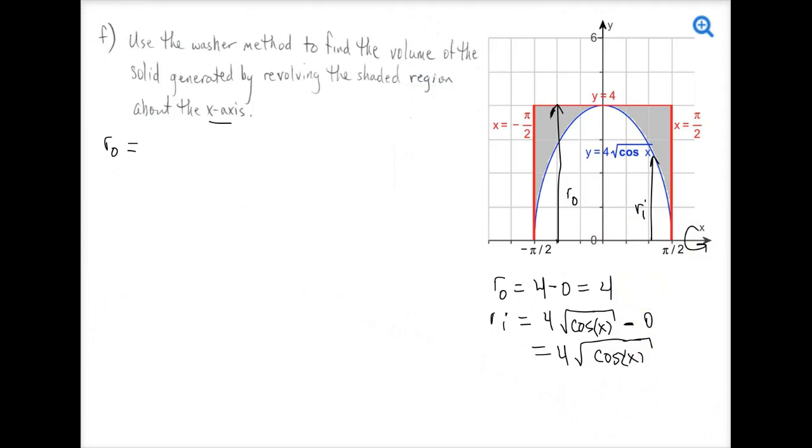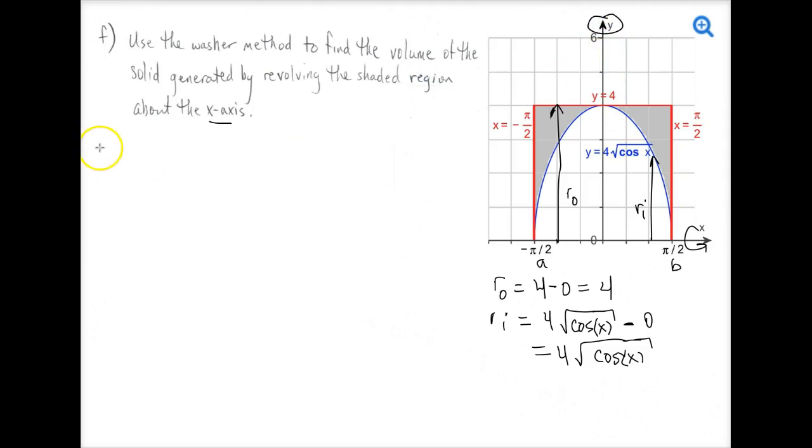All right, so with that being said, we know what our inner and outer radius are. We also know that our limits of integration will be from negative pi over 2 to positive pi over 2 because this area is bounded by that. Also note that both functions end up being symmetric about the y-axis.